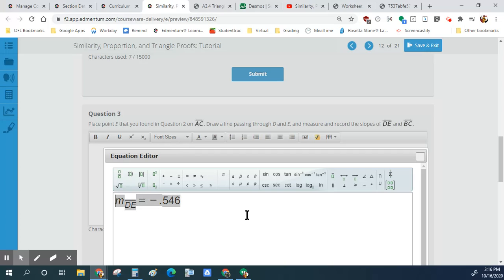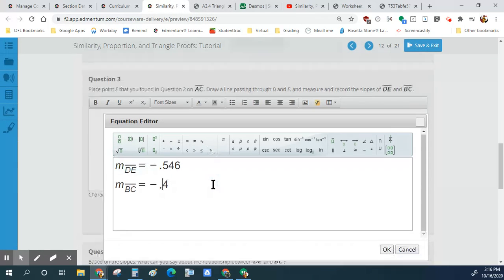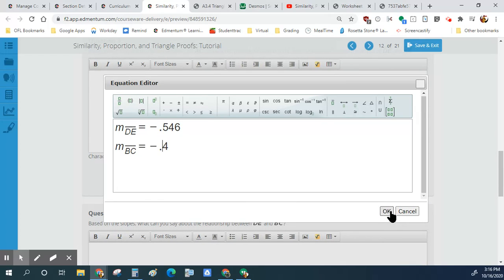And because I'm lazy, copy this over, paste it here, and now we're going to talk about a different line, and that line is BC, and that slope is negative 0.4. There we go. Creative way of just getting that negative 0.4 there.